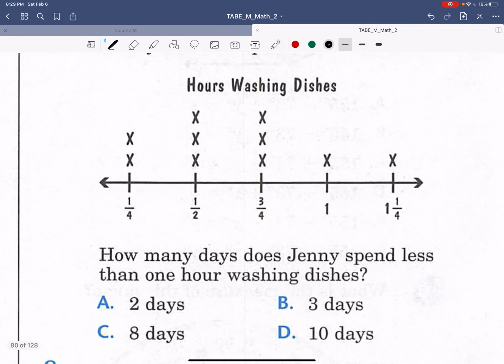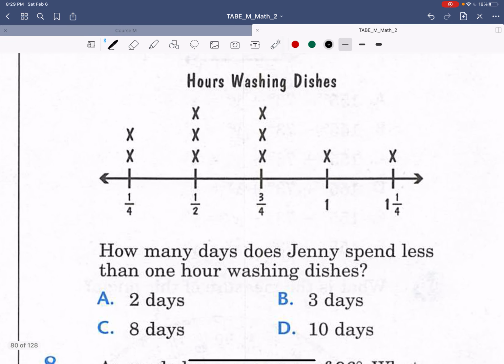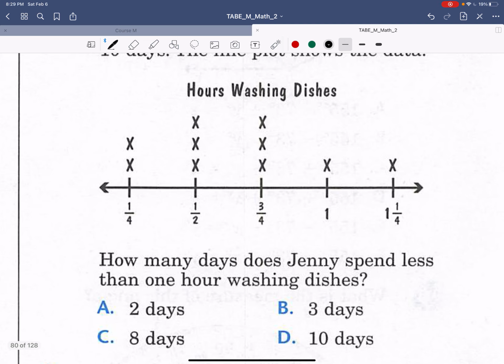How many days does Jenny spend less than 1 hour washing dishes? So let's put a line in at 1 hour. Less than 1 hour, so we're looking at anything below an hour. So we are looking at anything down here.